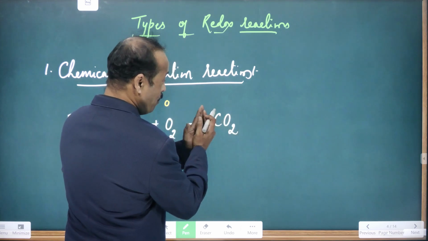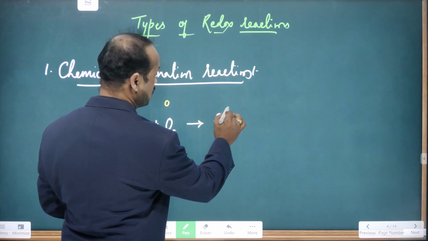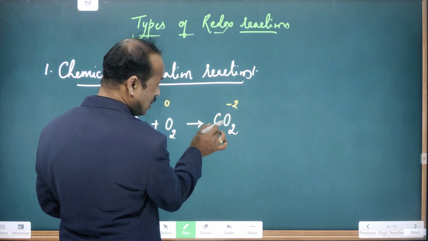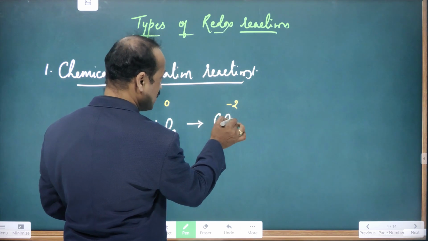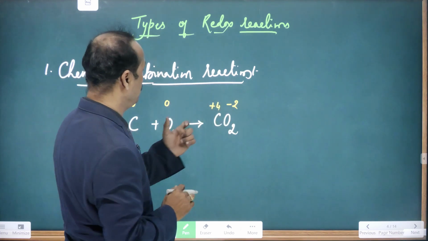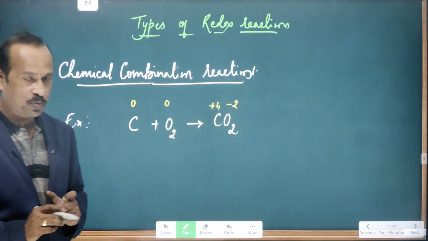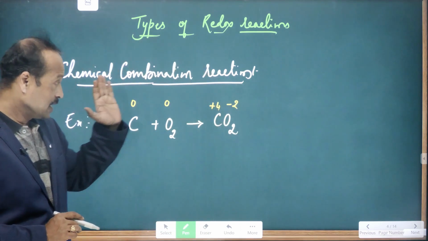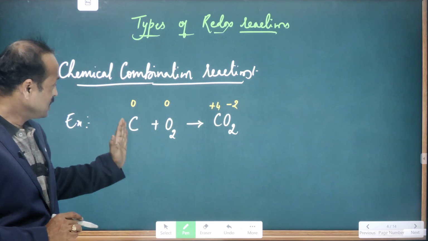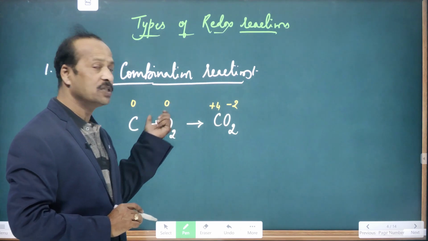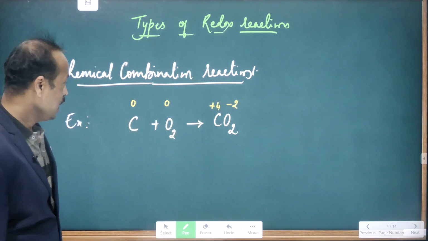Chalo, now come to this side. Here this is a compound. You know that the oxidation number of oxygen is -2. How many oxygens are there? 2 oxygens are there. -2 twos are -4, which means carbon is +4. So the oxidation number of carbon on the right side is +4 and oxygen is -2, but on the left side the oxidation number of carbon is 0 and oxygen is 0 because they are individual. Alright, now you check.